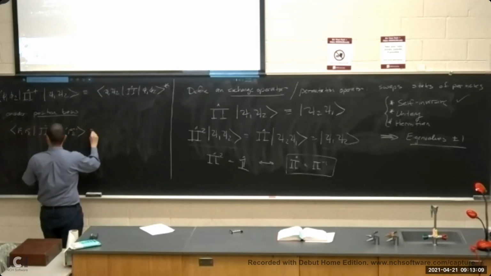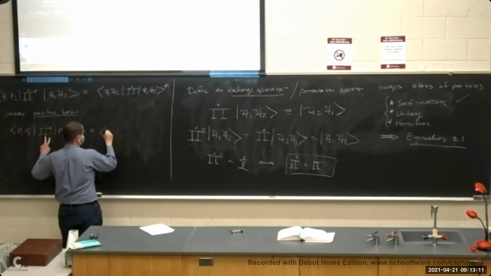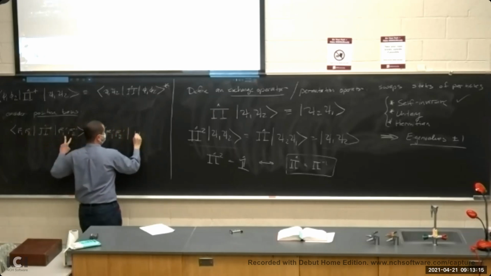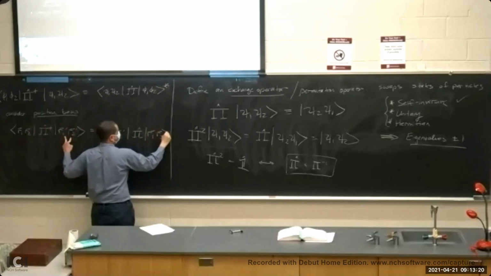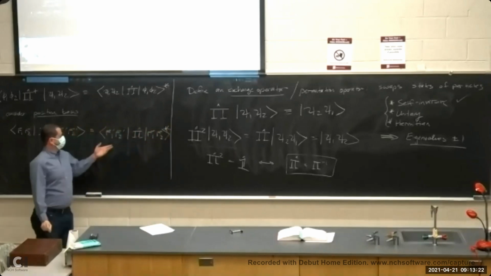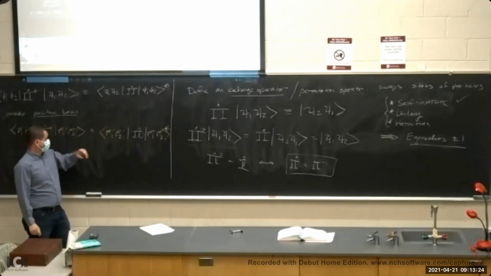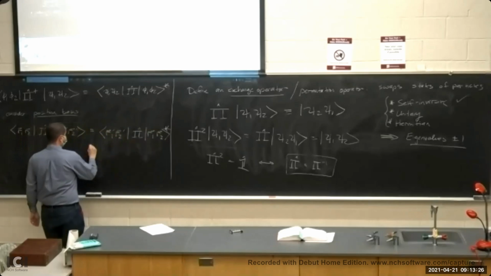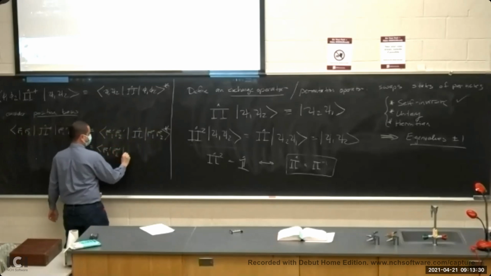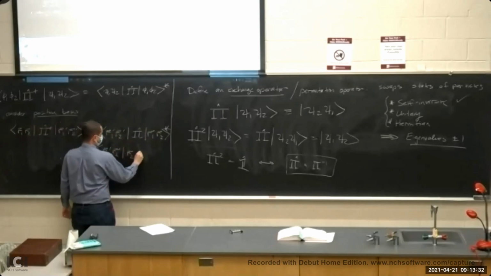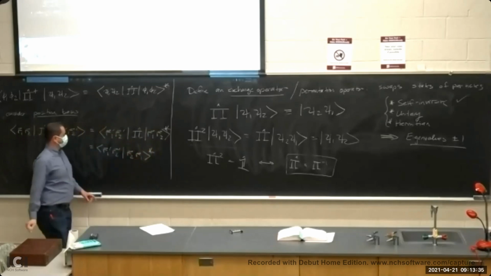So the definition of this is the complex conjugate of the matrix elements swapped, R1 prime, R2 prime, exchange operator R1, R2, complex conjugate. And now let's simplify the right-hand side. The exchange operator swaps which particle is at which location. So I have R1 prime, R2 prime, R2, R1, complex conjugate.